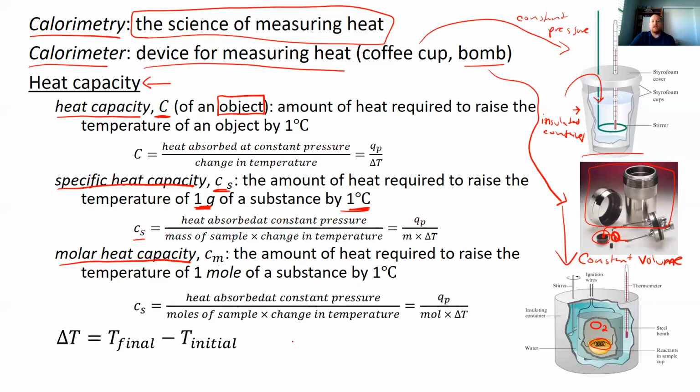Now, something else that we can use here, and one of the common equations that we'll see in calorimetry, is instead of saying the heat absorbed, we can actually solve for heat by saying Q is equal to m, the mass of the substance, times C sub S delta T. Or Q is equal to n times C sub M delta T. Those are ways of doing chemistry that is really useful to us, okay?